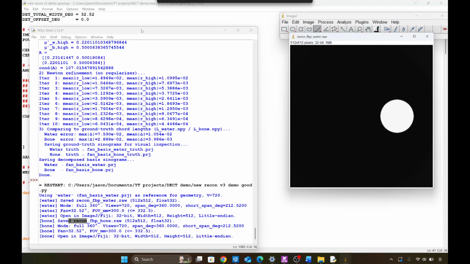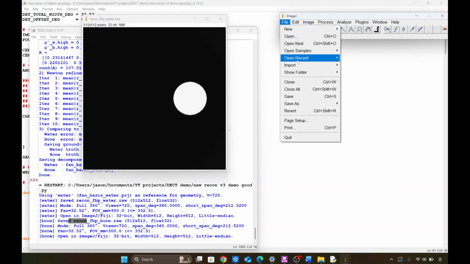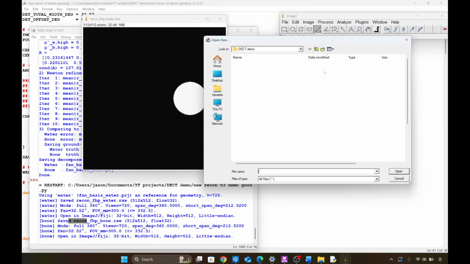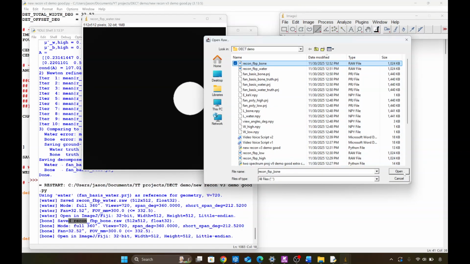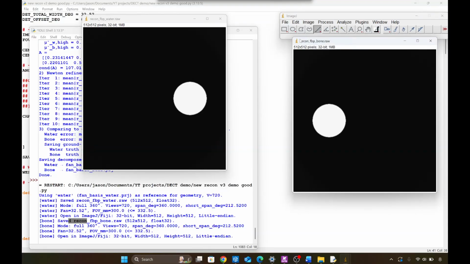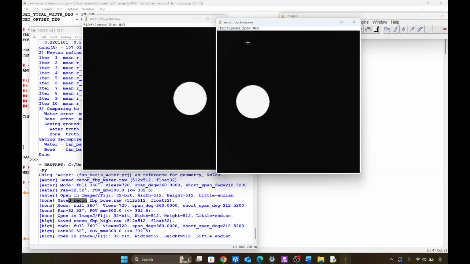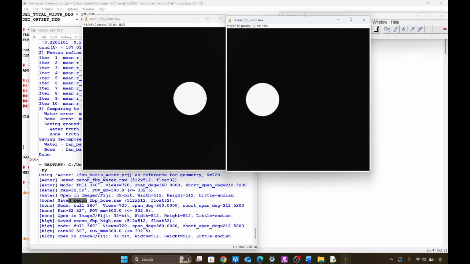And we can see it nicely reconstructs the water insert. And similarly, from the decomposed bone basis projection, it nicely reconstructs the bone insert.